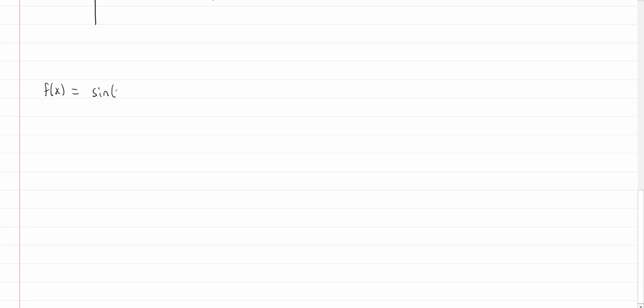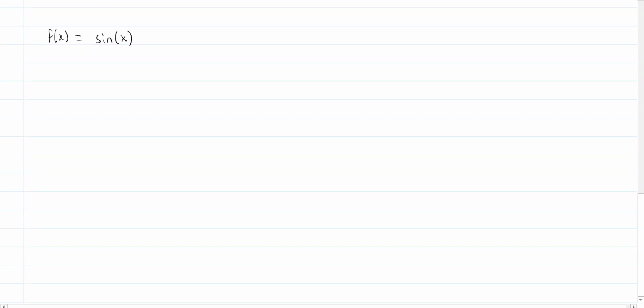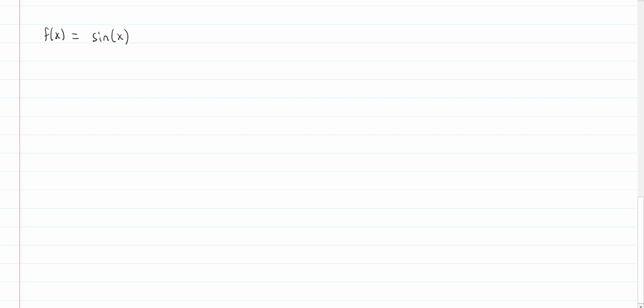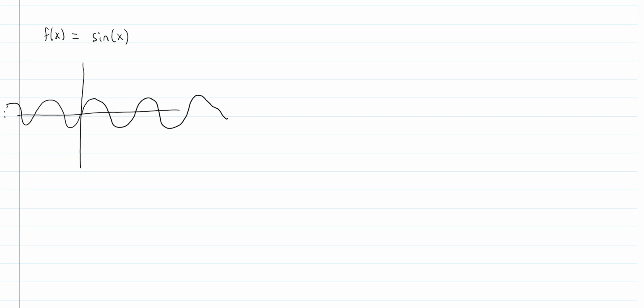If we consider a trig function next, let's just take a look at sine. All right, so remember the graph of sine looks something like this. And really it just sort of oscillates back and forth between -1 and 1 forever and ever. Take a look at the limit as x is approaching either infinity or negative infinity.